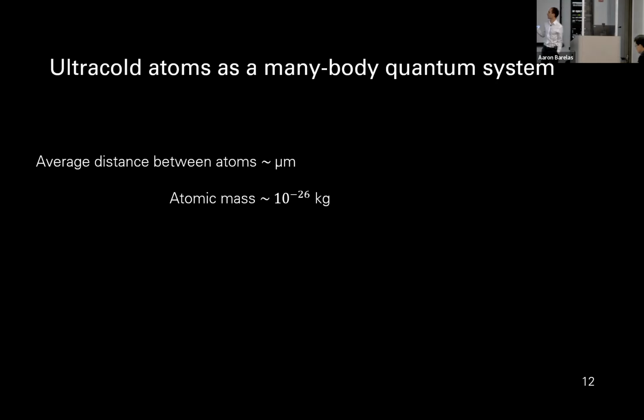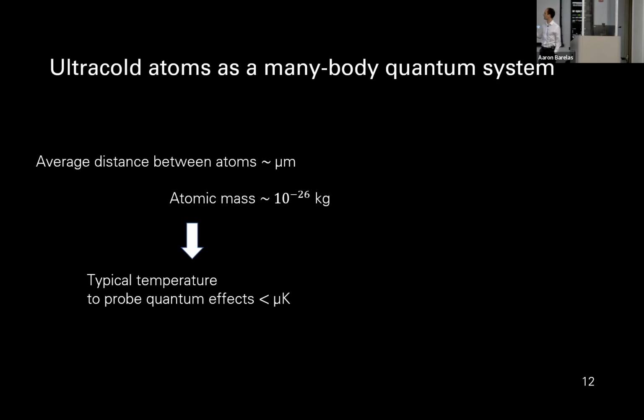Atoms are also 4 to 5 orders of magnitude heavier than electrons. And if you do some dimensional analysis, it means that the typical energy scale you need to cool your atoms down to is of the order of microkelvins in order to probe quantum effects in such artificial materials.